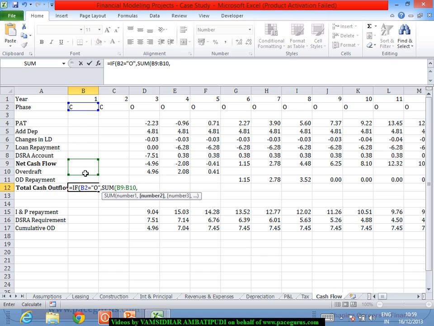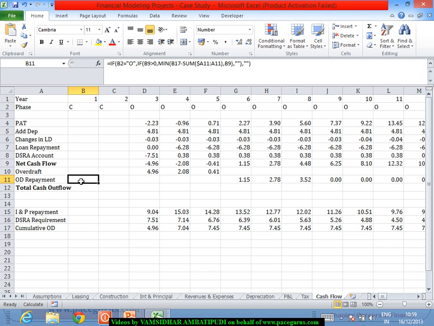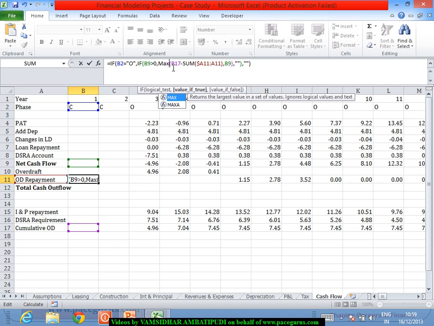So what I could very well do is, in this OD formula itself, instead of taking the minimum of these two, I could do the reversal now. Instead of the minimum, I'll take the maximum of the summation of these things minus the summation of this minus whatever is the OD outstanding, comma the negative of B9.